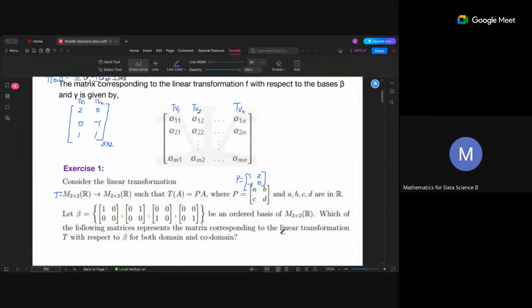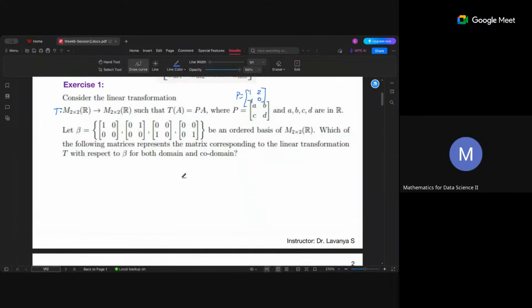I did not take the options; I just want to compute, so I skipped writing the options here. Let's write the matrix of T with respect to this basis for both domain and codomain. Let's first call these V1, V2, V3, and V4. Always first see what is given and then see what you have to do. What do we need to do?